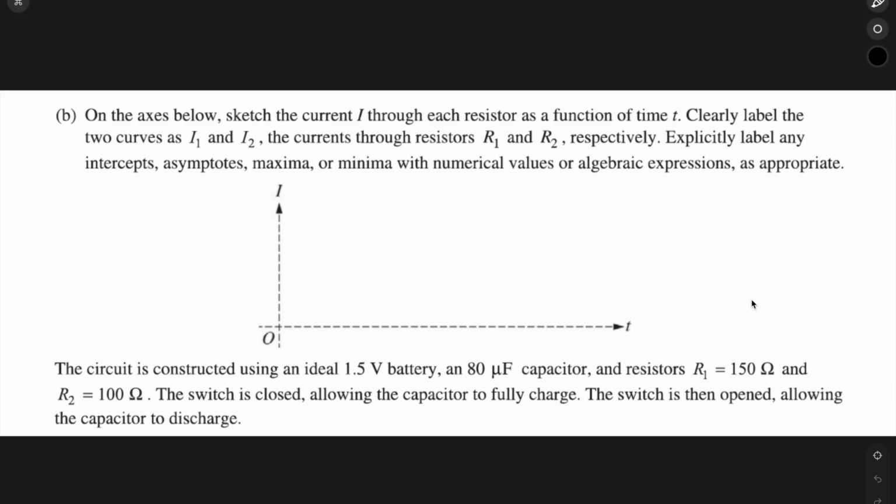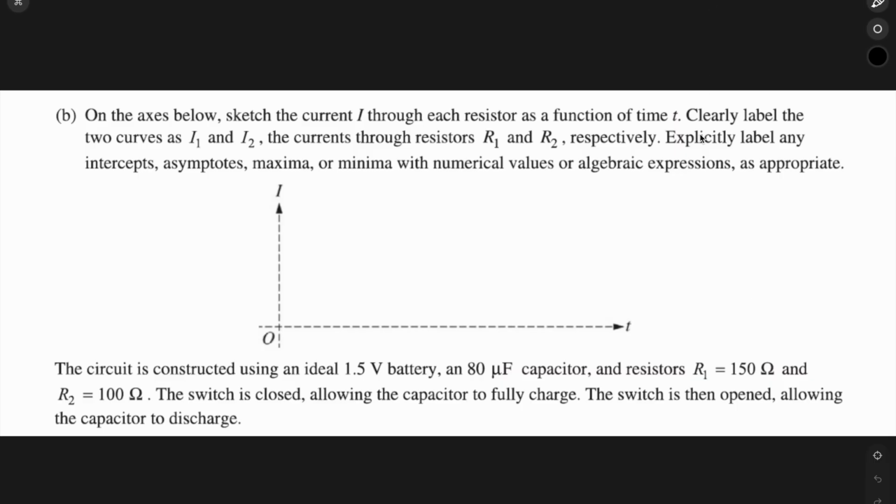Next, let's tackle part B. Part B is telling us to sketch the current through each resistor as a function of time and to clearly label the two curves as I1 and I2, the currents through resistors R1 and R2 respectively, and label any intercepts, asymptotes, maxima, minima with numerical values as appropriate.